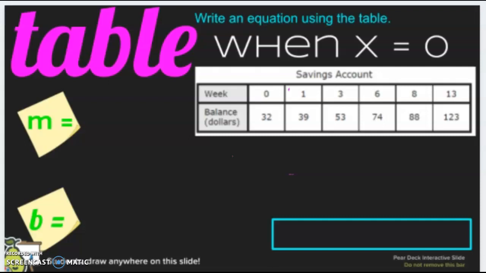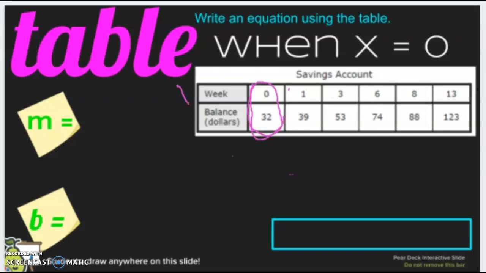Okay, so our first example is when we are given a table that has x equals 0. If I go to my table, I can see that x equals 0 is right here.